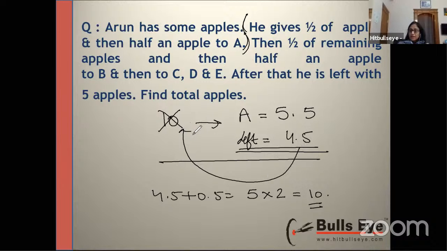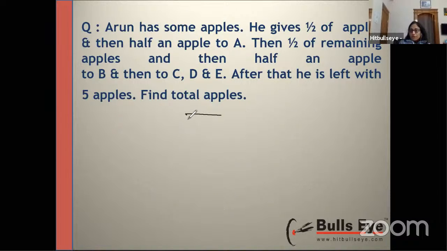How to move back is first add half. Whatever you get, then you double it up. Why? The reason is, when you were moving forward, what were you doing? If you had X apples in the beginning, you gave to this first person half of the apples that you were carrying, and another half of an apple.